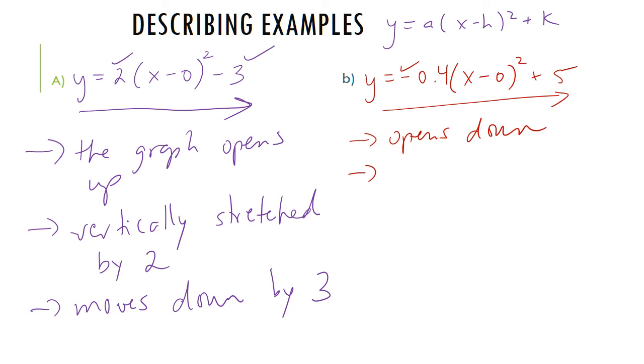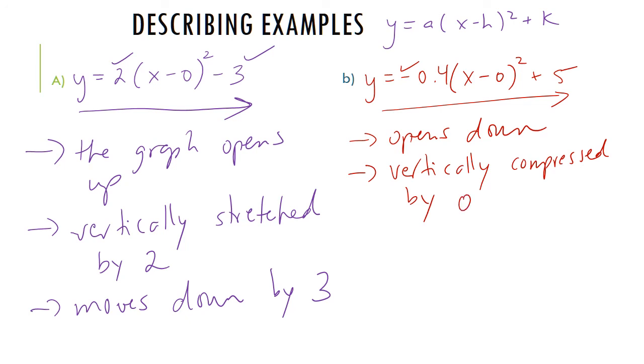Okay, there's the negative done. The next thing you encounter is the 0.4. That's the actual number value of a. If a is between 0 and 1, in other words, a decimal or a fraction, it's vertically compressed. So you want to say vertically compressed, and don't forget by, and don't write negative because we've already taken care of it by saying opens down.